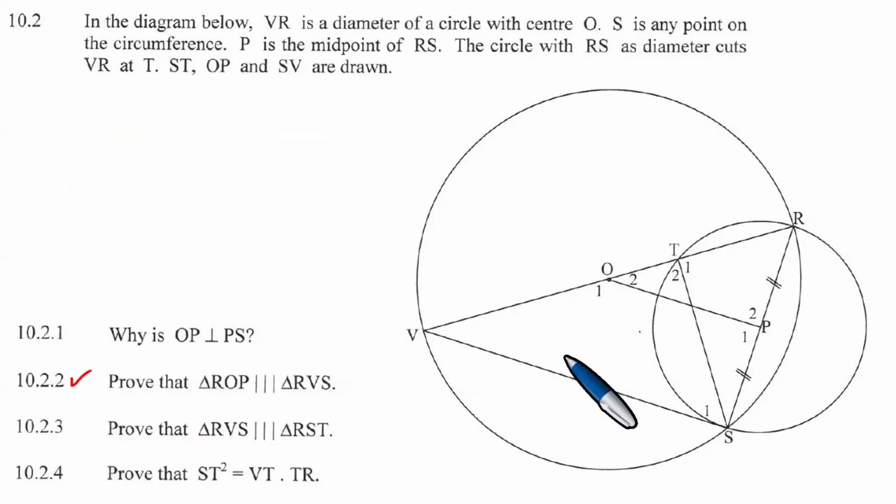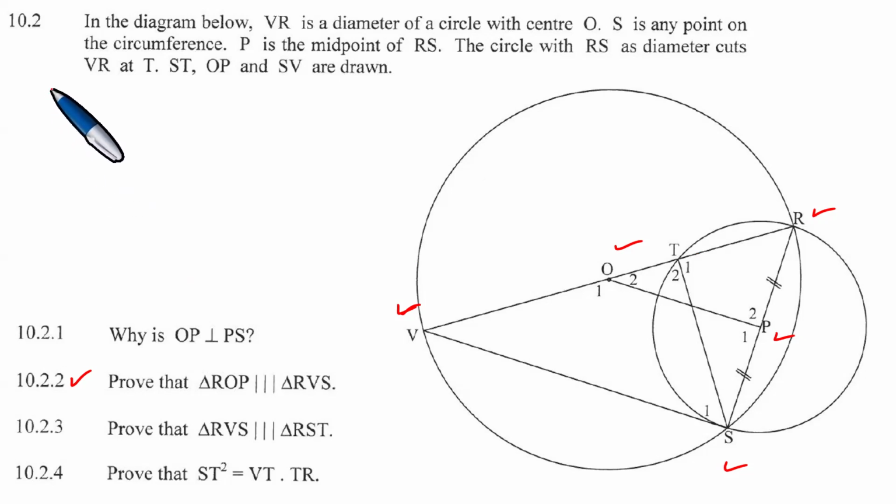To prove, therefore, that triangle ROP and RVS are equiangular triangles, we proceed as follows. First things first, now what do we know here? Right, so we are in business.